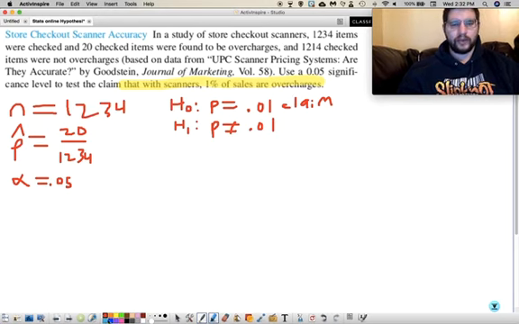Let's see what happens. Calculate our test statistic. So we need P is 0.01, Q is 0.99.